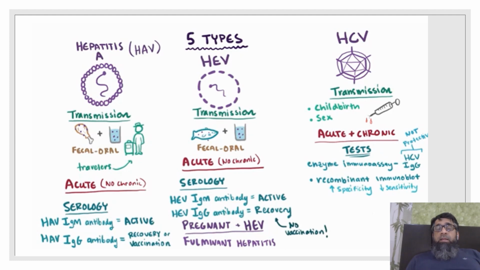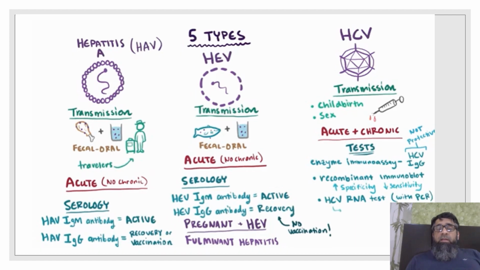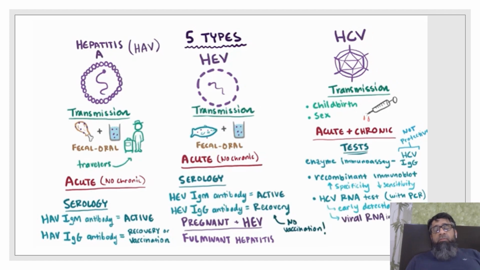It has increased specificity but less sensitivity. Then the hepatitis C virus RNA, like hepatitis C virus PCR detection, which is in fact the gold standard for the diagnosis of hepatitis C. So whenever there is hepatitis C, we'll go for hepatitis C virus RNA PCR qualitative. The role of quantification and genotyping is now almost obsolete and is confined to research purposes.